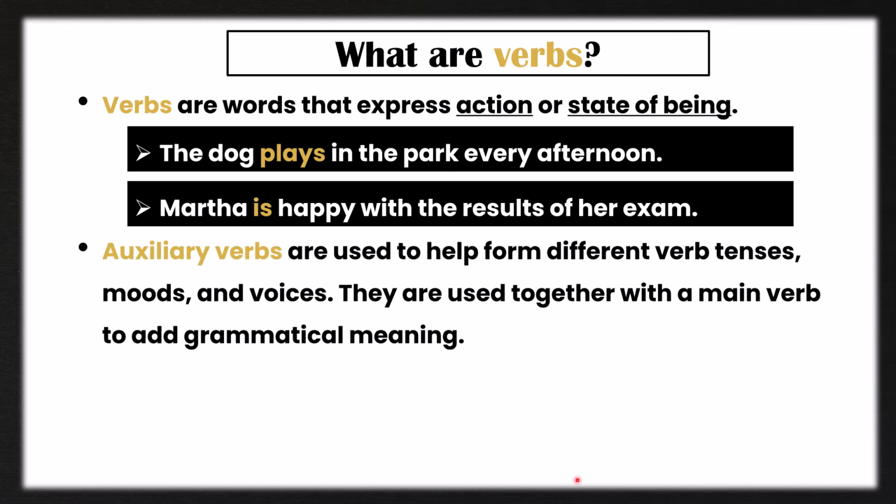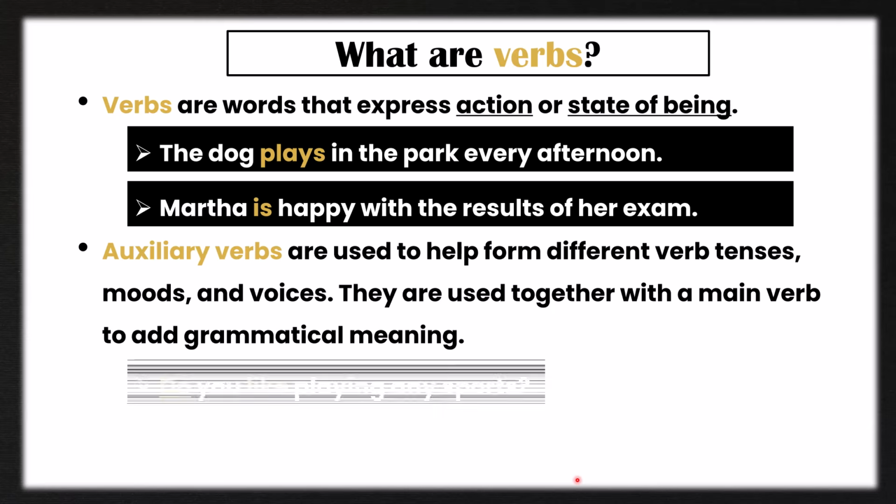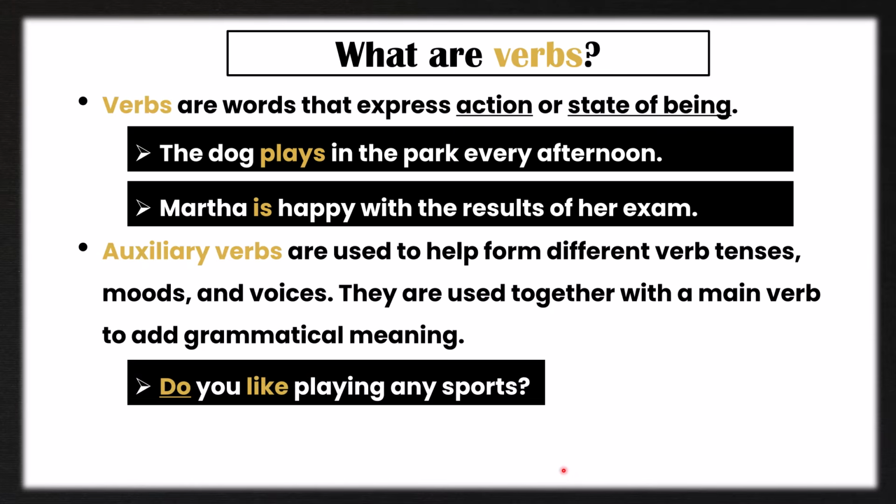And auxiliary verbs are used to help form different verb tenses, moods, and voices. They are used together with a main verb to add grammatical meaning. For example, do you like playing any sports? Like is the main verb in this question, but the auxiliary verb do helps us form an interrogative sentence or question.